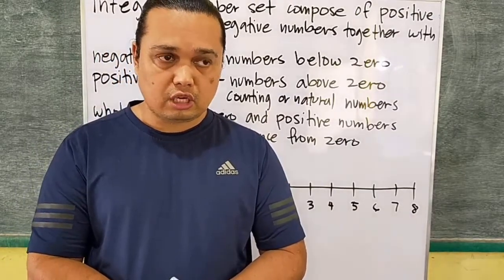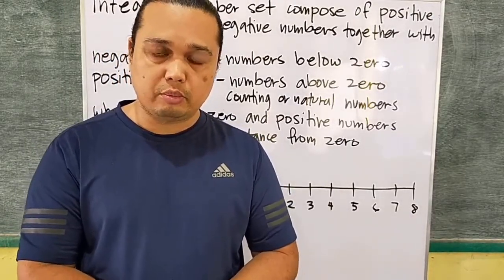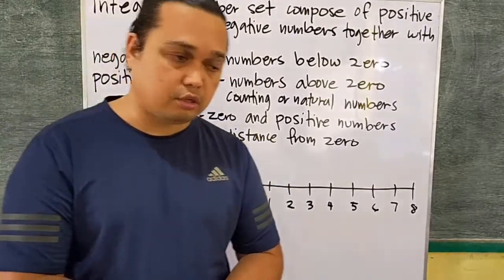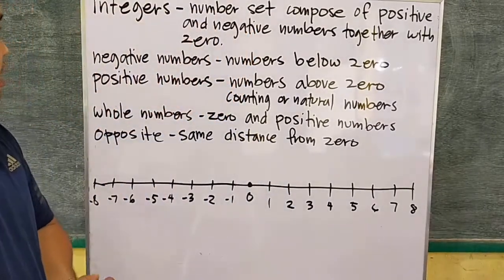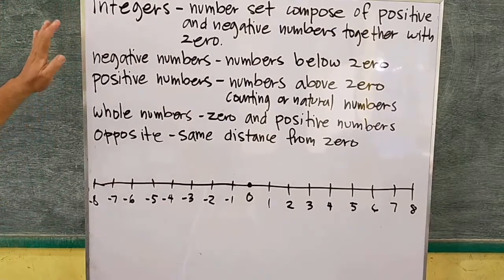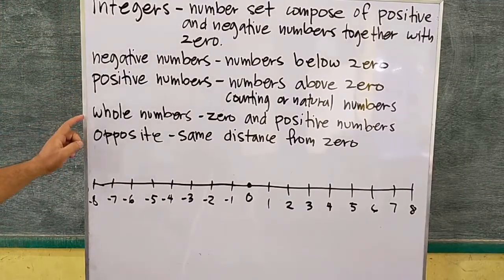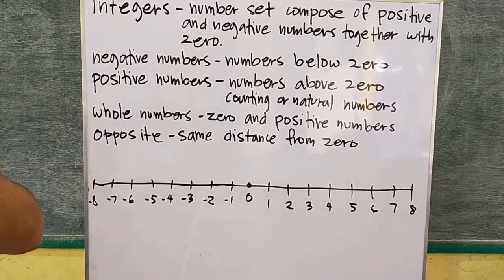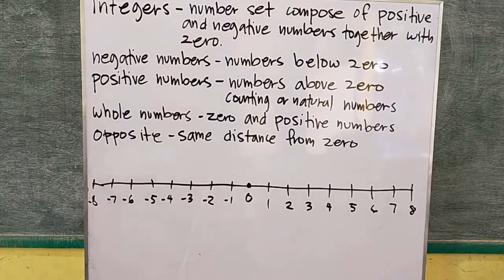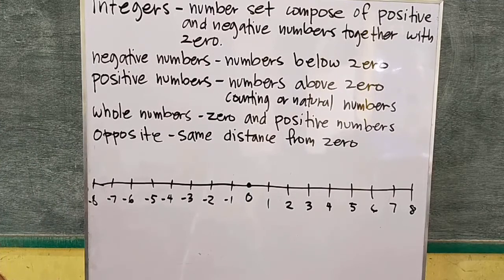Okay, so talking about integers, we need to remember a few things on the board. We have here integers, negative numbers, positive numbers, whole numbers, and opposite. Integers is a number set composed of positive and negative numbers together with zero.